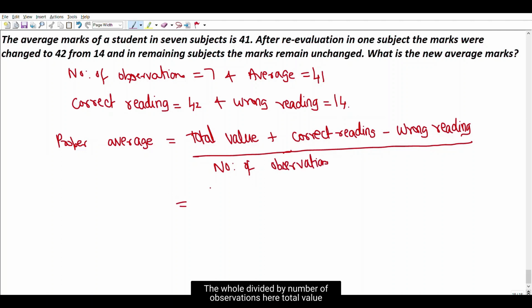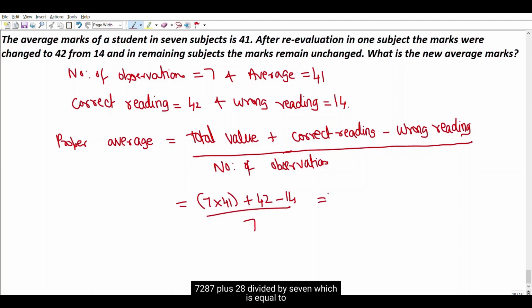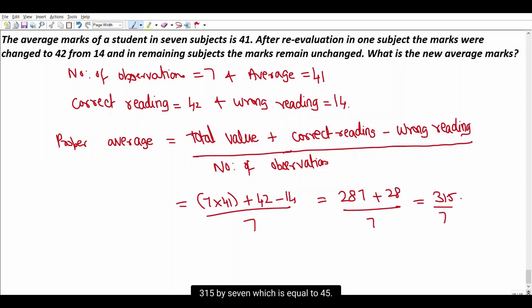Here total value will be 7 into 41 plus 42 minus 14 divided by 7. 287 plus 28 divided by 7, which is equal to 315 by 7, which is equal to 45.